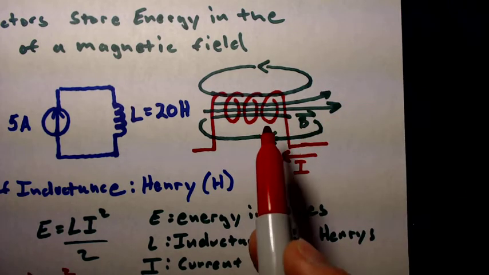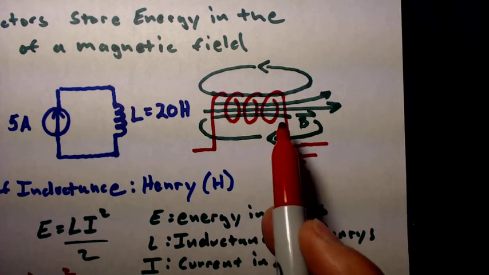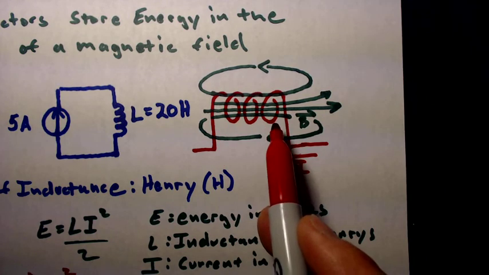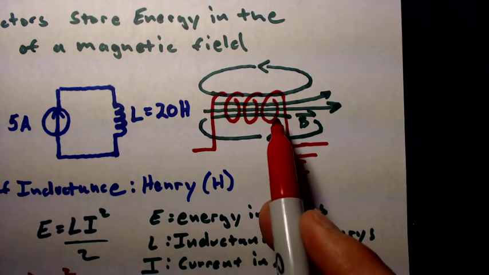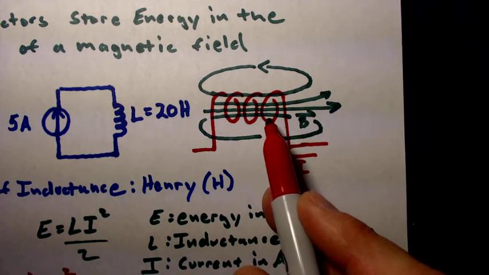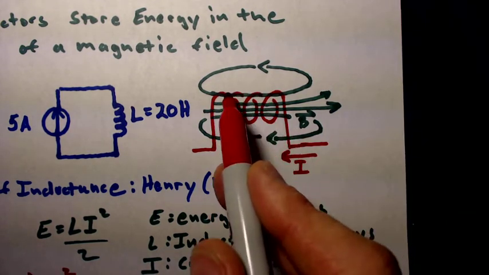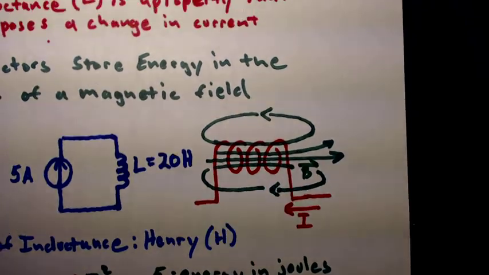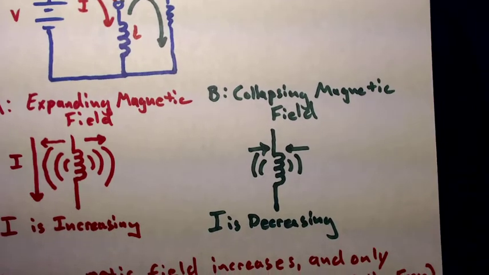I'll say that again. As the magnetic field expands, it moves through the coils of the inductor and produces a voltage. So just by virtue of putting current through this guy, it starts acting like a battery. Let me draw that out.